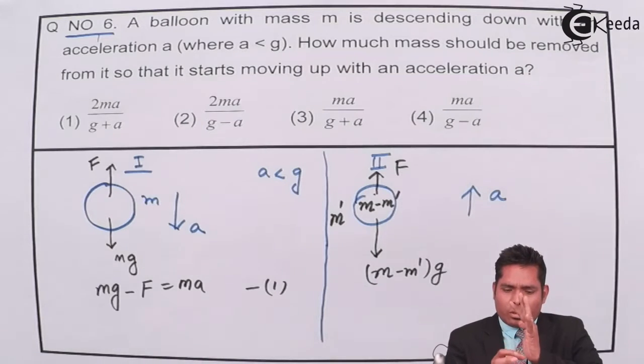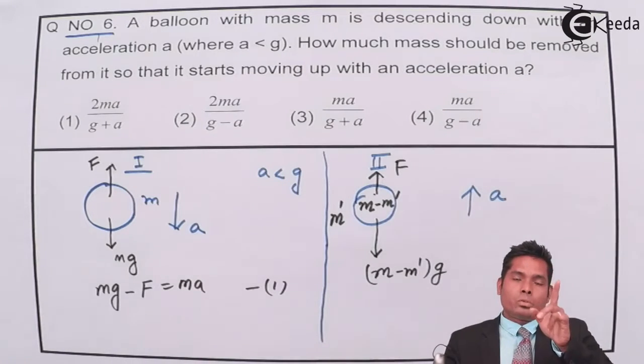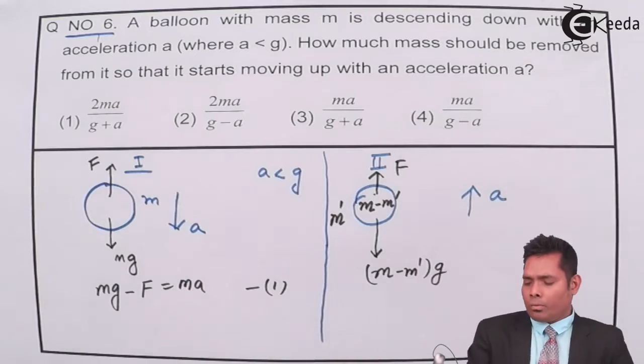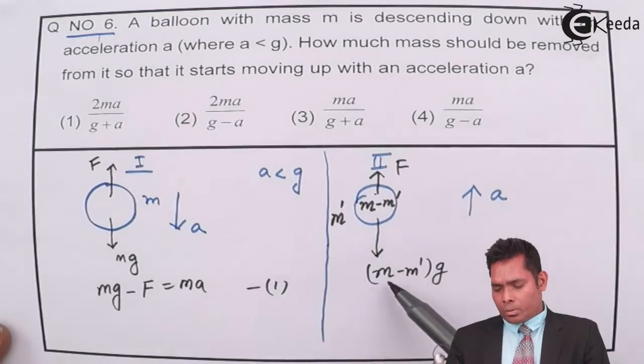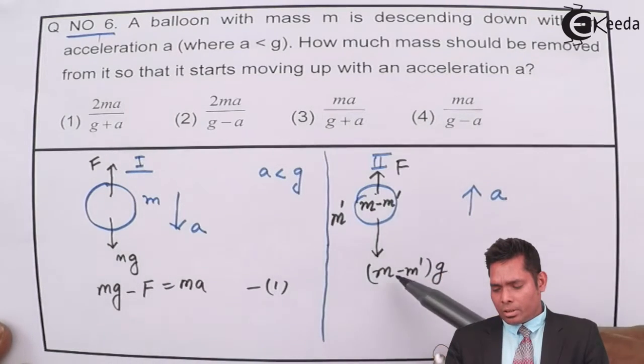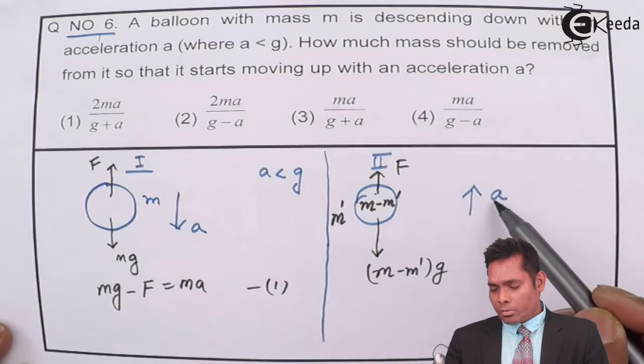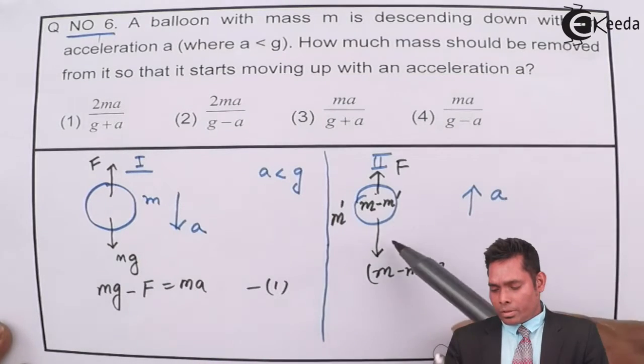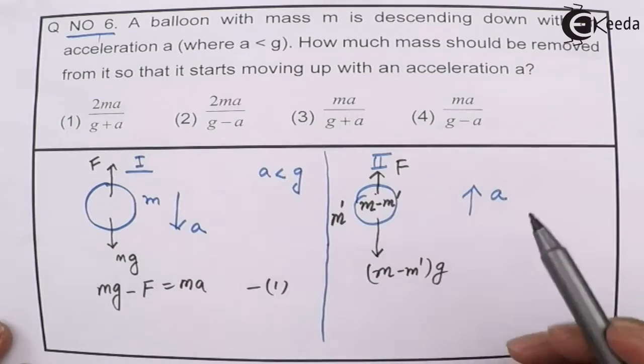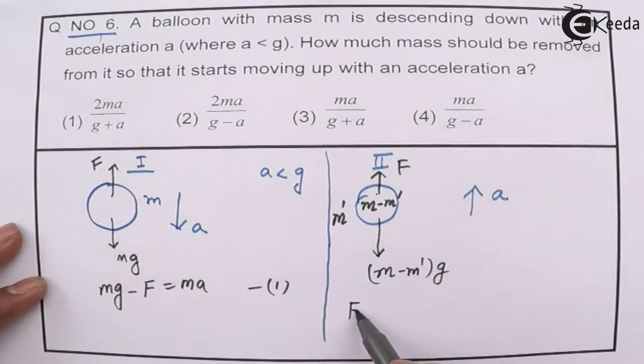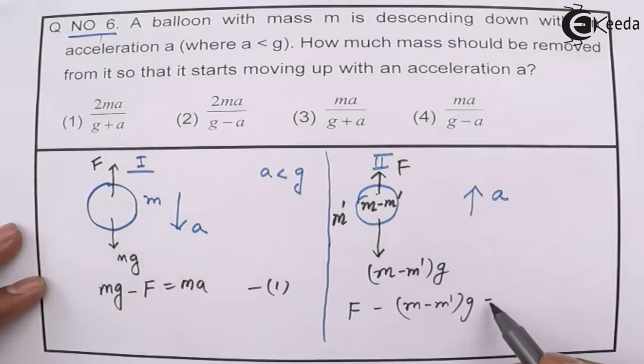In that situation, the downward force will be smaller and the upward force will be greater, and because of that it will move up. So this force is upward and this force is downward, but now because of removal of this mass, this force is lesser than this force, this is greater than this, and the difference produces the acceleration. So I will write for this that f minus m minus m prime g is m minus m prime into acceleration. This is equation number 2.